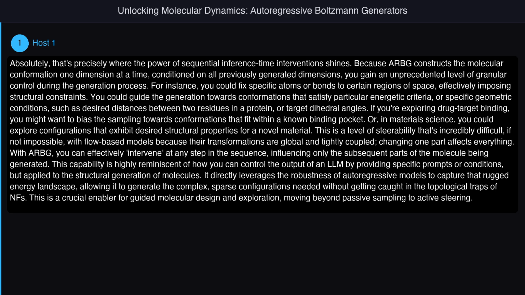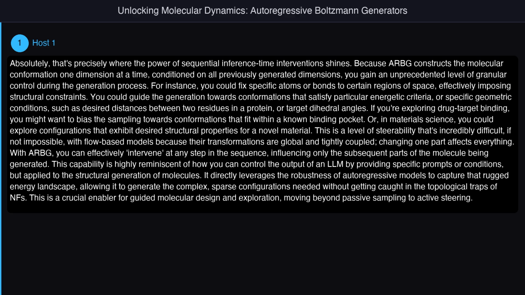This is a level of steerability that's incredibly difficult, if not impossible, with flow-based models because their transformations are global and tightly coupled. Changing one part affects everything. With ARBG, you can effectively intervene at any step in the sequence, influencing only the subsequent parts of the molecule being generated. This capability is highly reminiscent of how you can control the output of an LLM by providing specific prompts or conditions, but applied to the structural generation of molecules.